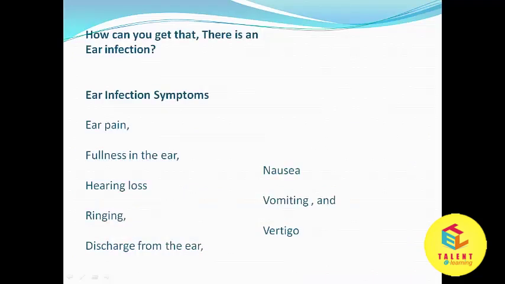How can you tell that there is an ear infection? There are many symptoms like ear pain, fullness in the ear, hearing loss, ringing, discharge from the ear, vomiting, and vertigo.